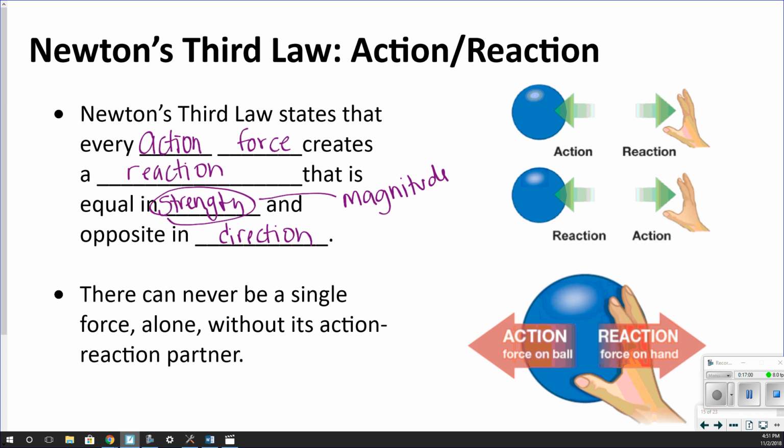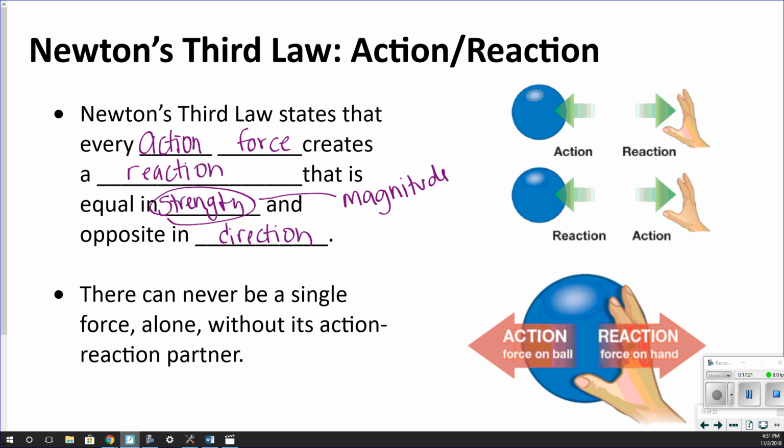I know when I was talking with vectors originally, I talked about a vector has both magnitude and direction. And magnitude is how large your force is. So strength, how large your force is. Same meaning here. There can never be a single force alone without its action-reaction partner.